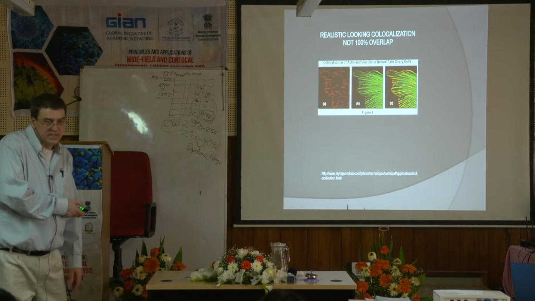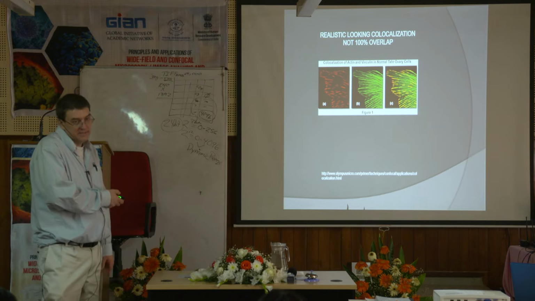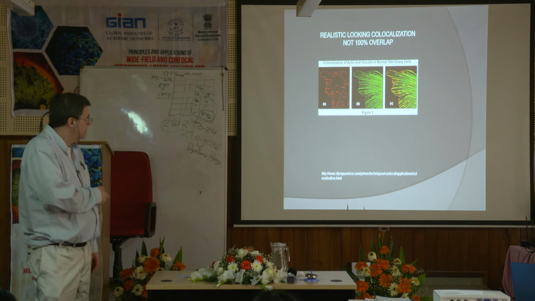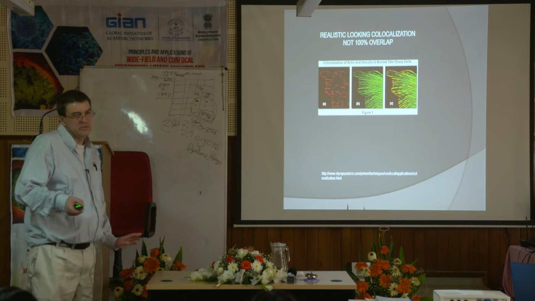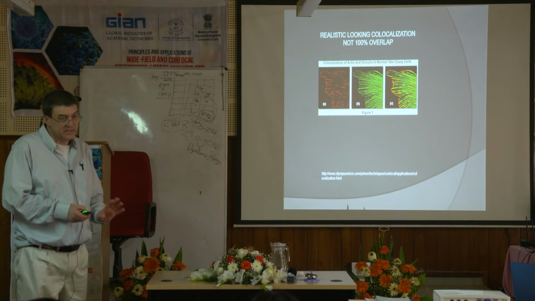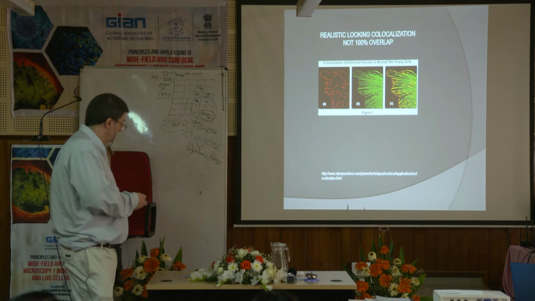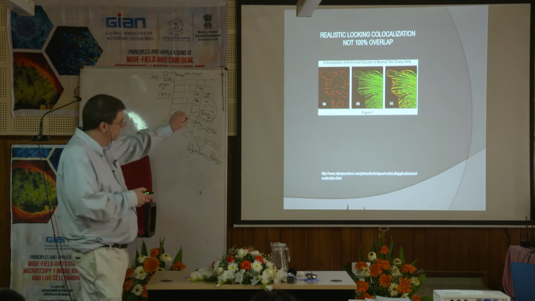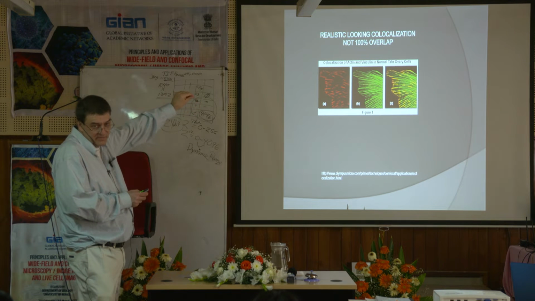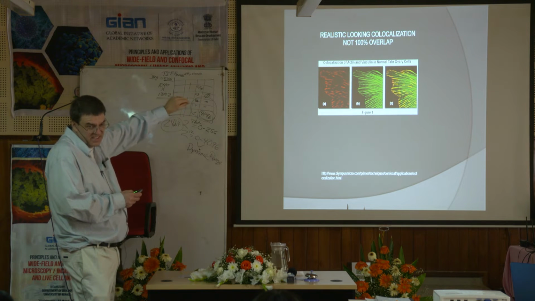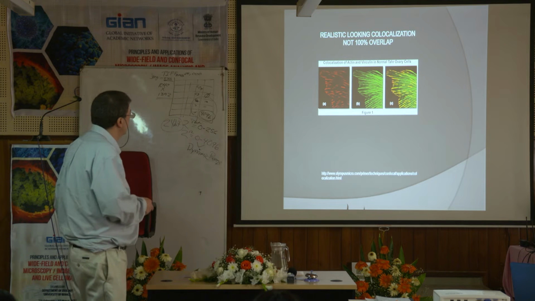When you do co-localization, you're going to see something more like this when it actually works because, like I said, it's not 100%, it's not perfect. So keep in mind, those of you who want to do co-localization, if it's perfect, it's wrong, okay? And the biggest thing is if you see something fluorescing off the piece of tissue, like just a little bit of fluorescent stuff, and it fluoresces in every channel like that, then you might have a problem.